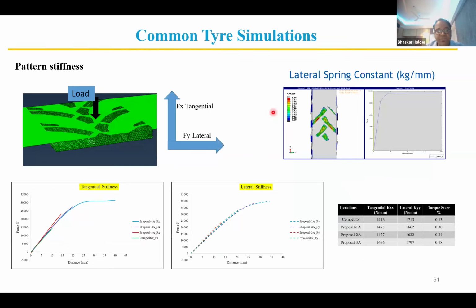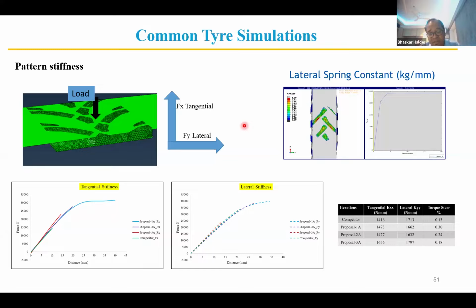Another interesting example I am giving is the stiffness. Say this is my tire, and tire braking distance depends on the tangential stiffness of the tire. Prior to design, it is not possible to calculate what my tangential stiffness may be, or when the tire goes onto a bank, there is some lateral stiffness happening.